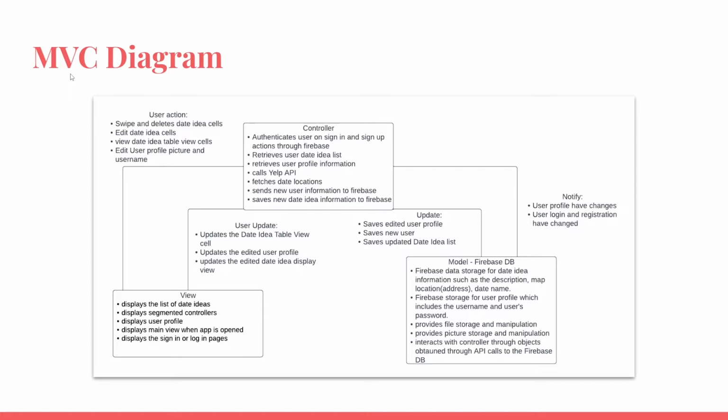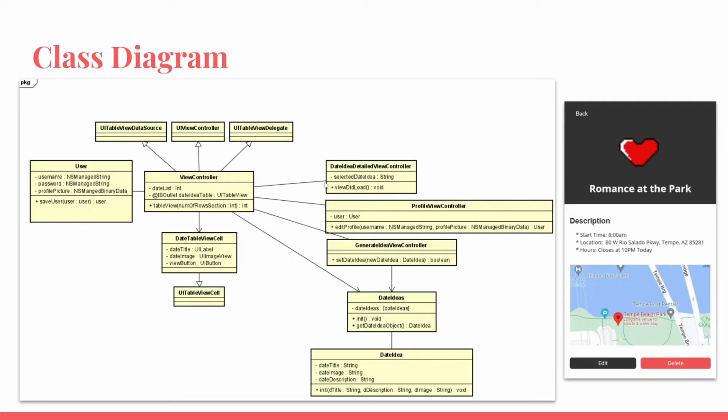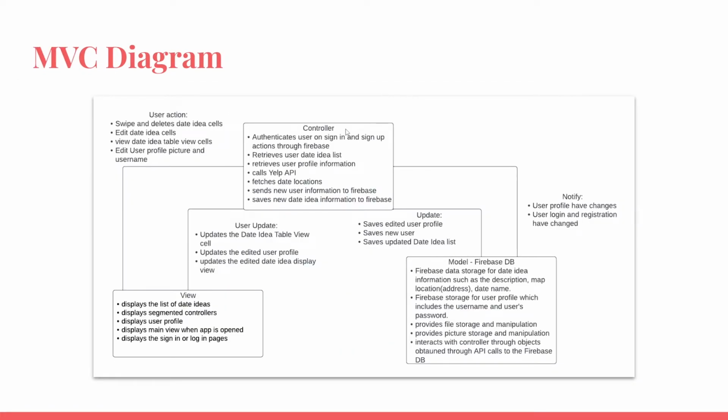Next, we have the model view controller. It's kind of similar to this class diagram, but in more detail. So our controller would be the way of calling the API, authenticating users when they sign in or log in, or create an account.